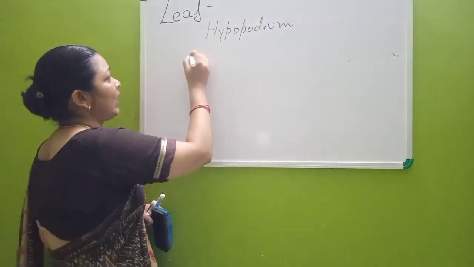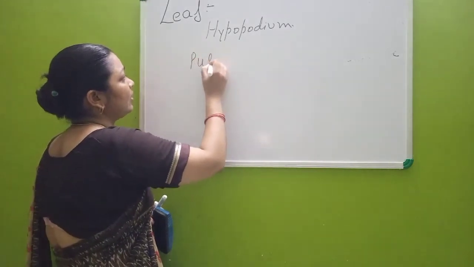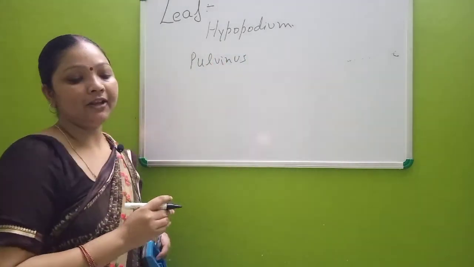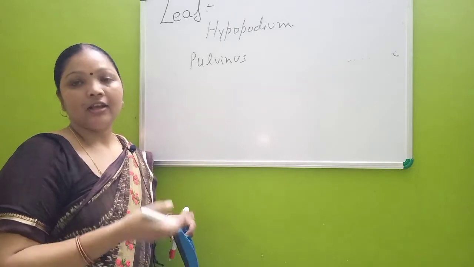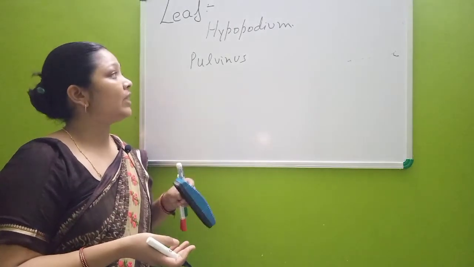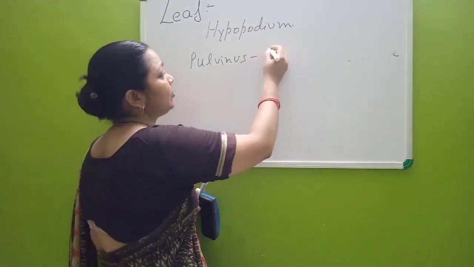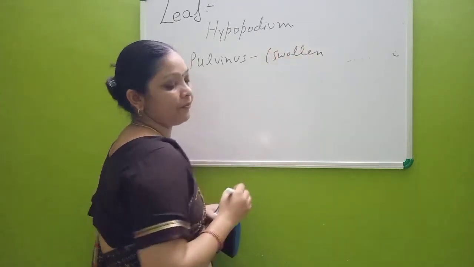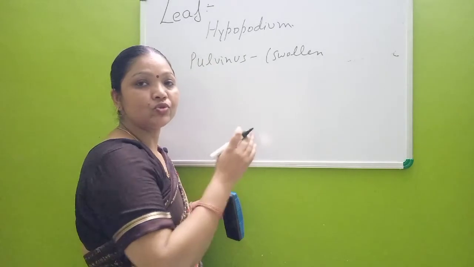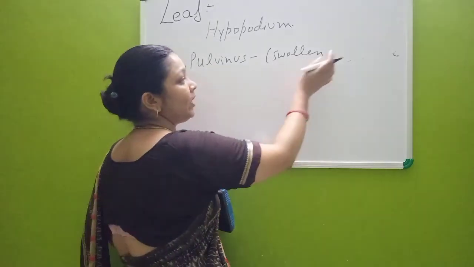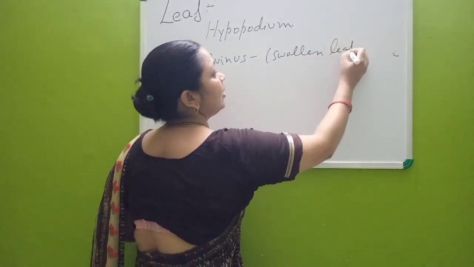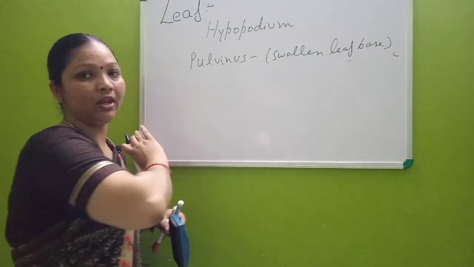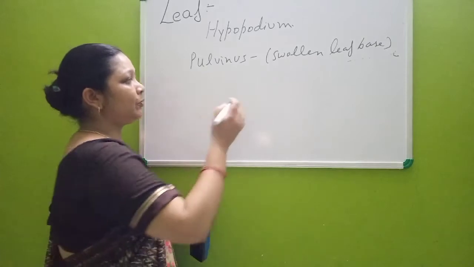One is known as pulvinous, where the hypopodium is swollen, or you can say the leaf base is swollen. If the leaf base is swollen, then it is called pulvinous.